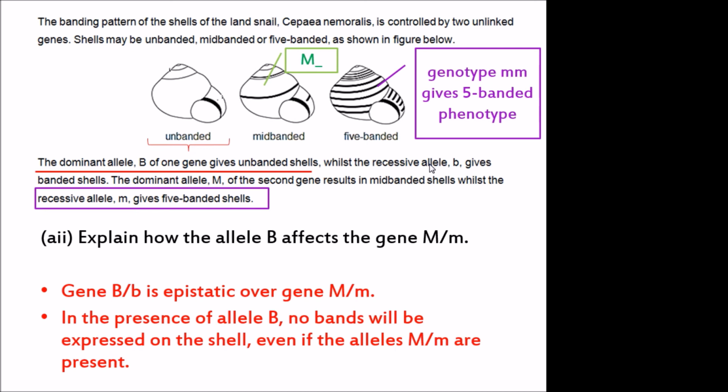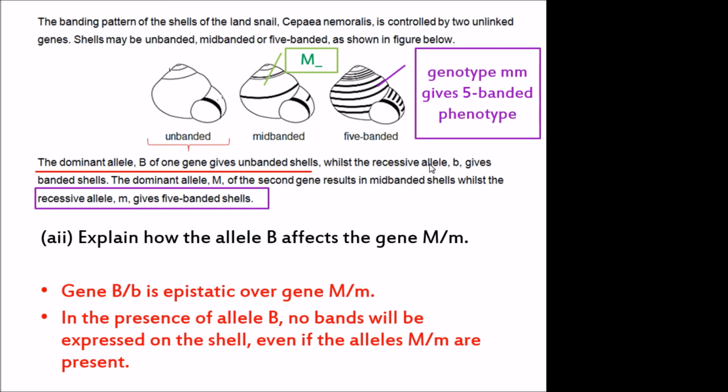How do I work out the 5-banded shell's genotype? To be 5-banded, I know I must be small b. Now, for 5-banded, am I small b, big M, or small b, small m, small m? How do I know? If you look at the next question, it says there's only one type of F1 offspring.